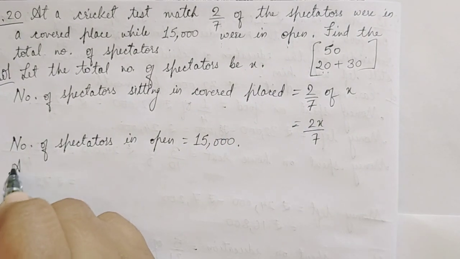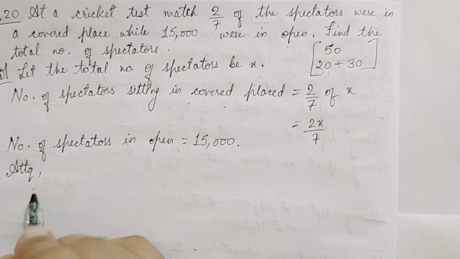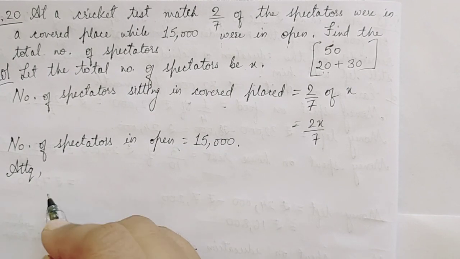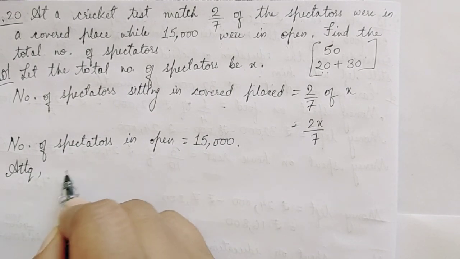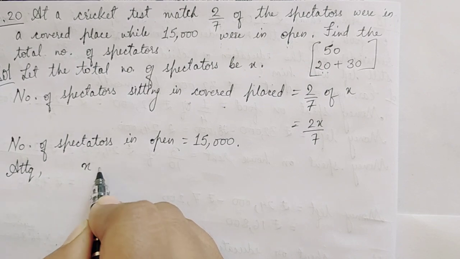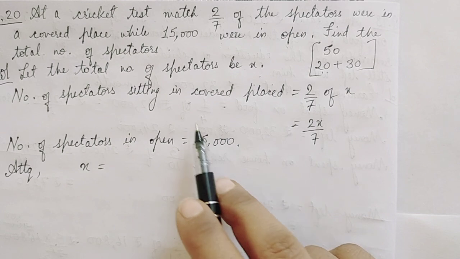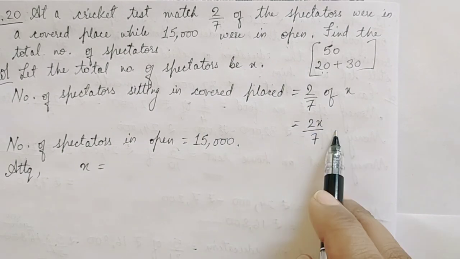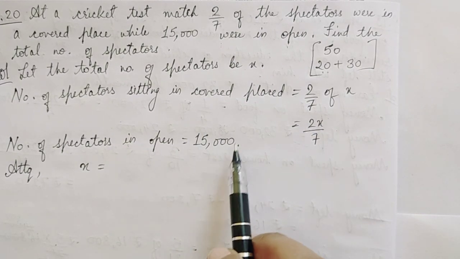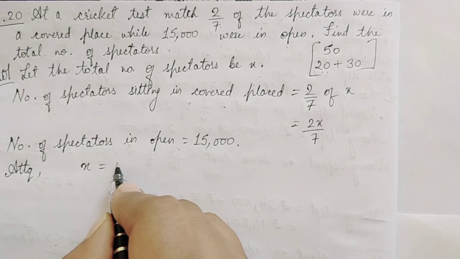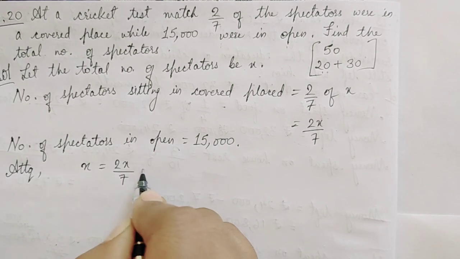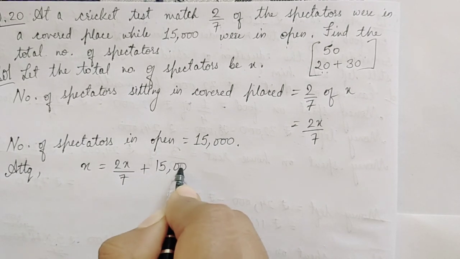So according to the given condition, x is equal to 2x upon 7 plus 15,000.